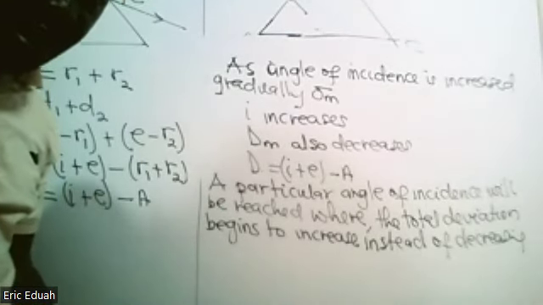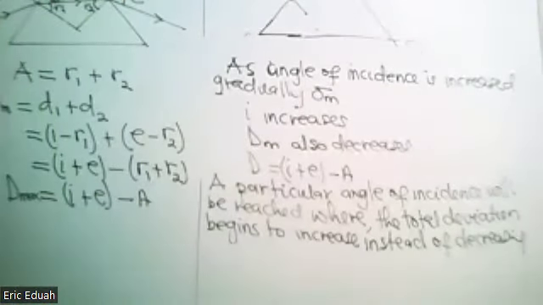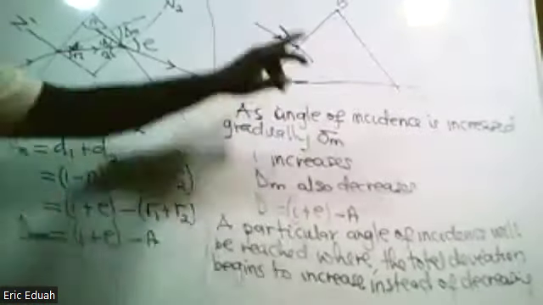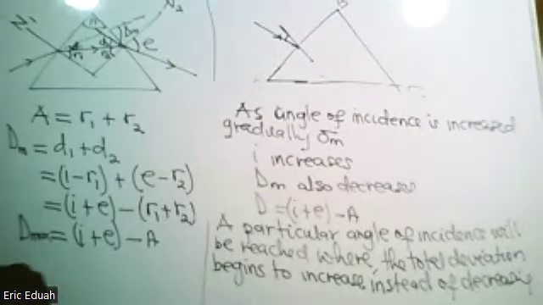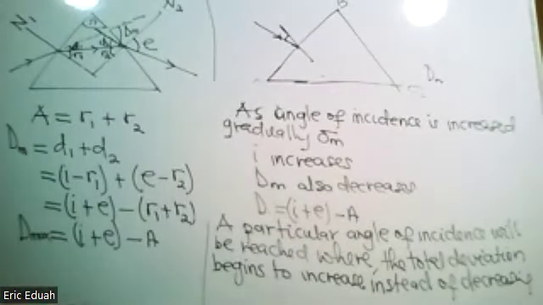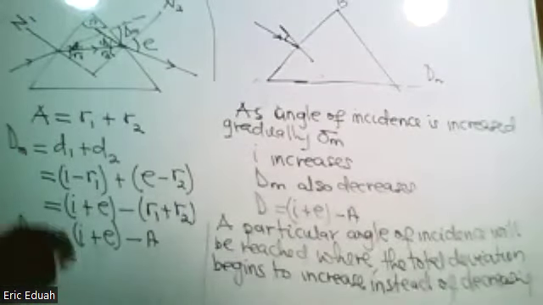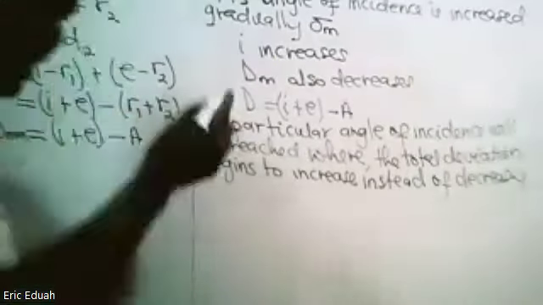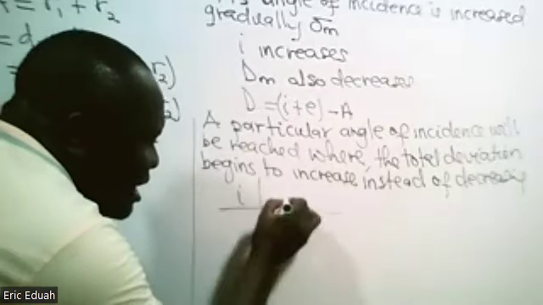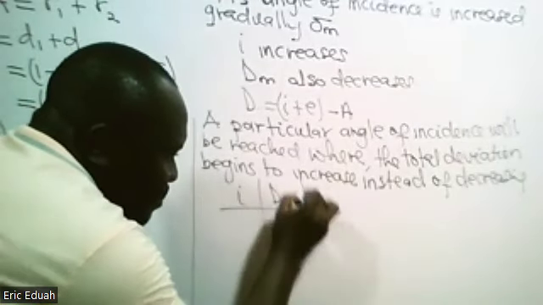Yes, please. So the trend is that as we increase the angle of incidence gradually, we realize that the total deviation, dm, also decreases. In data, this is like this: I and dm.